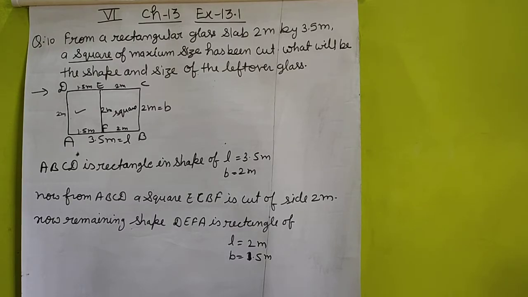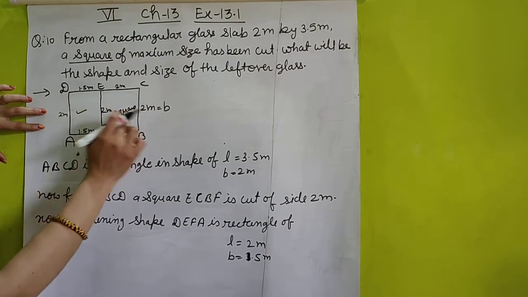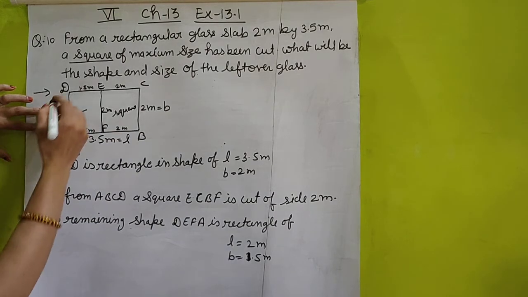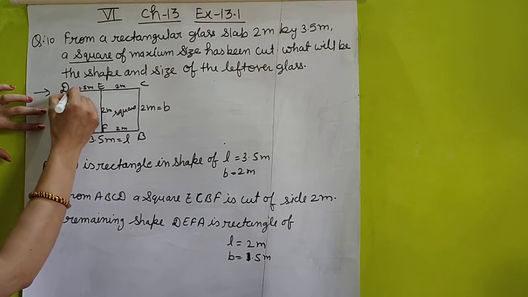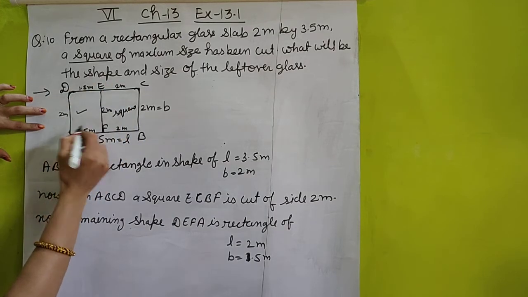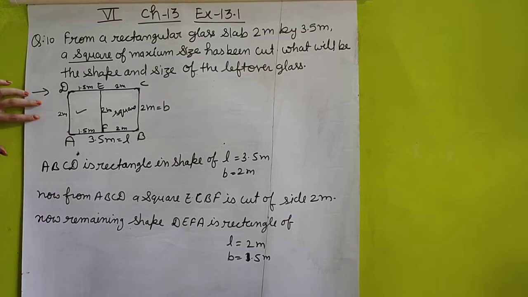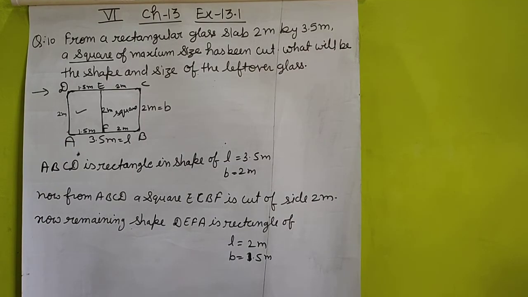Now students, in this question number 10, at last they are saying they are smoothing this rectangular glass slab. Smoothing means from here they are rounding the corner, they will convert this into a rounded shape, they will smooth this. Now they are asking the cost of the smoothing.